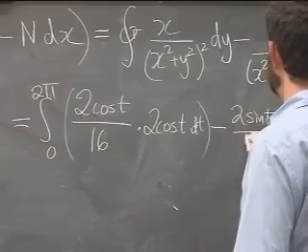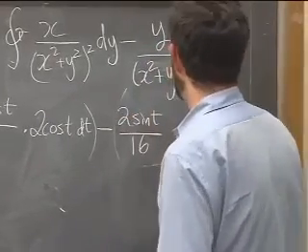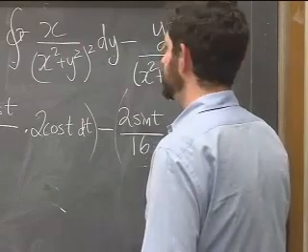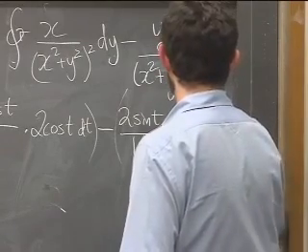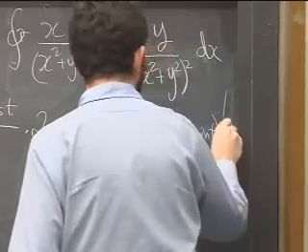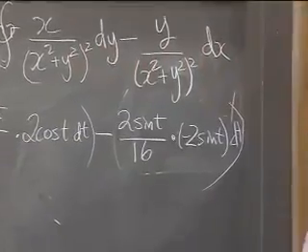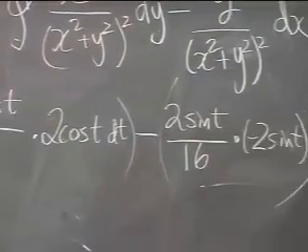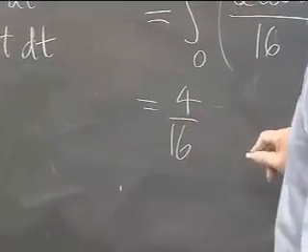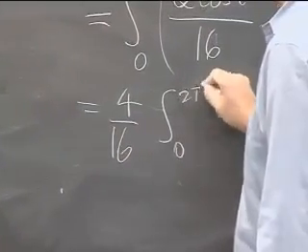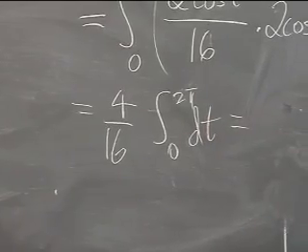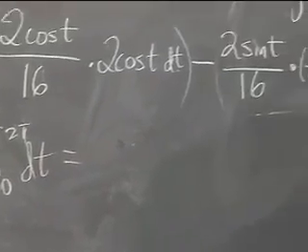The denominator is still 16. dx is minus 2 sine t dt. So if you work this out, you get 4 cosine squared plus 4 sine squared, which is 4. So 4 over 16 times the integral from 0 to 2 pi of dt. There's a dt there and a dt there. So it's 2 pi times a quarter.